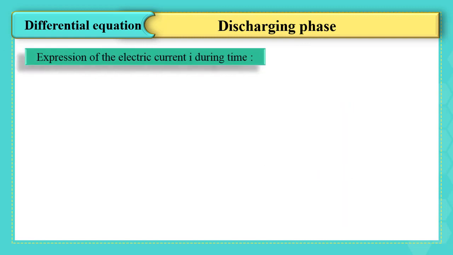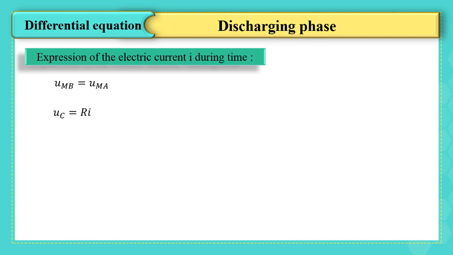Expression of the electric current I during the discharging phase. To find this expression, we are going to use the law of addition of voltage that's used in finding the differential equation of UC. UC is equal to UR, the voltage across the capacitor is equal to the voltage across the resistor.